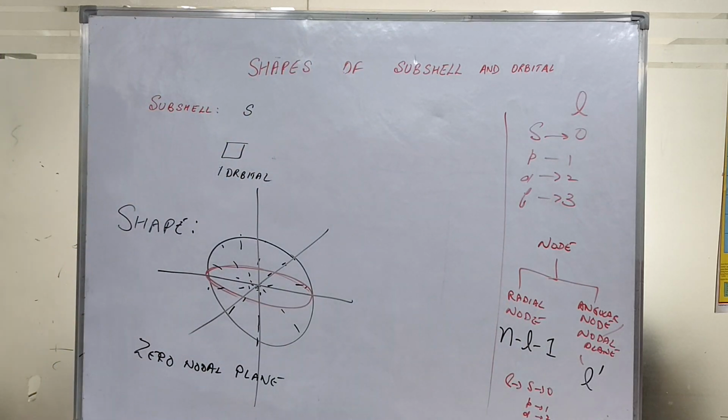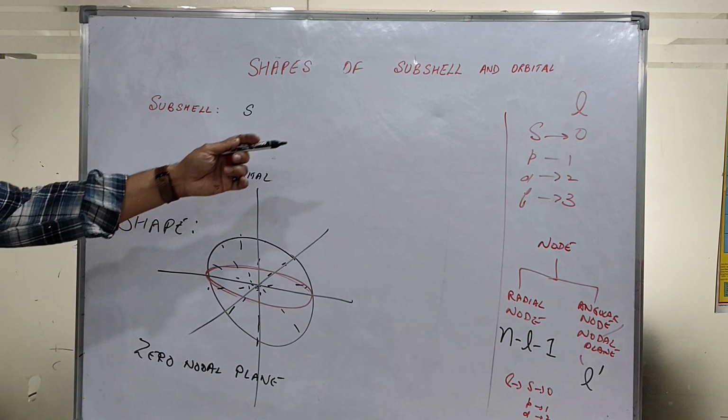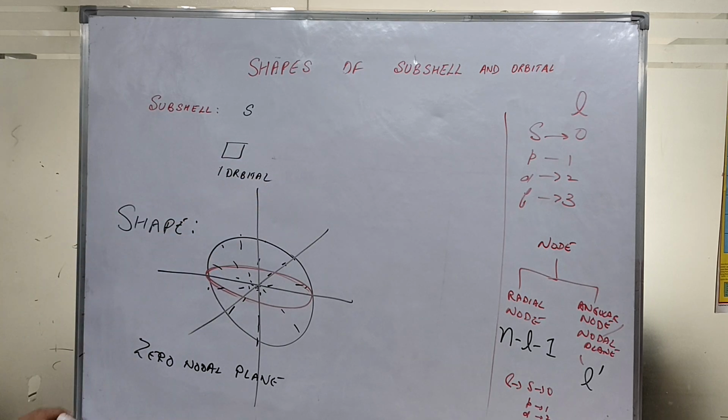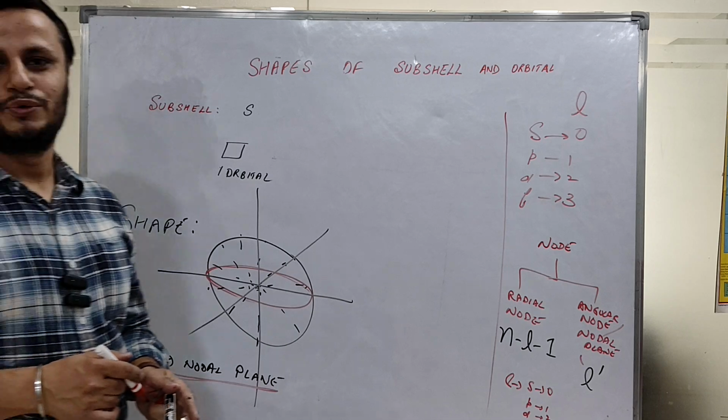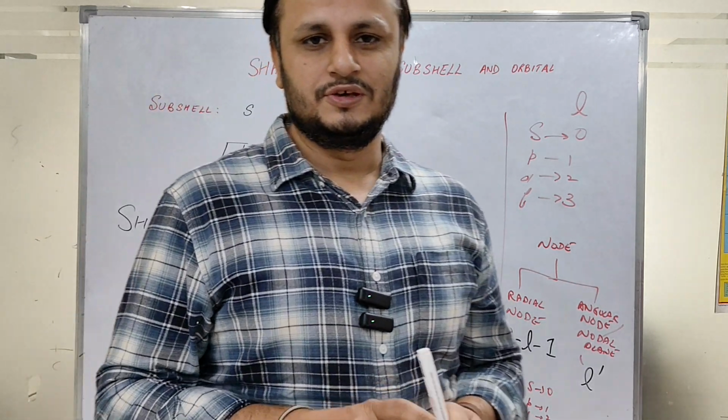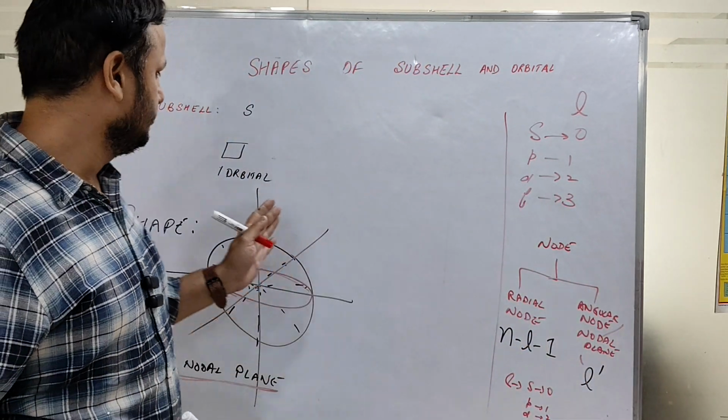So for S, the value of L is 0, and I have already shown that S contains 0 nodal planes. So this is about S.